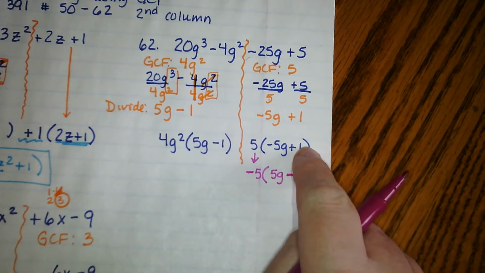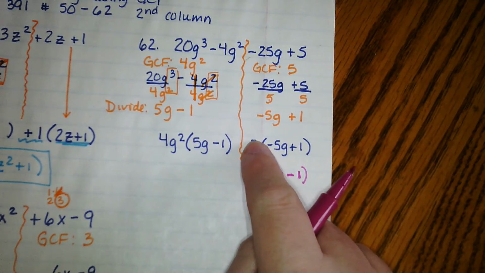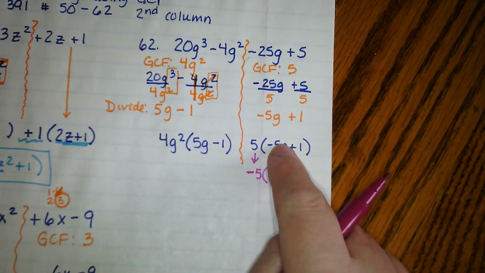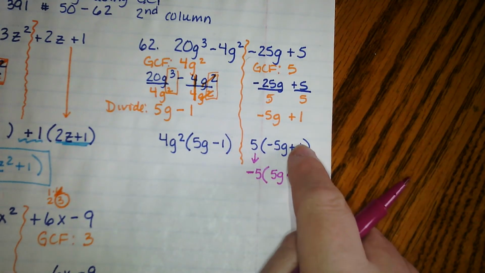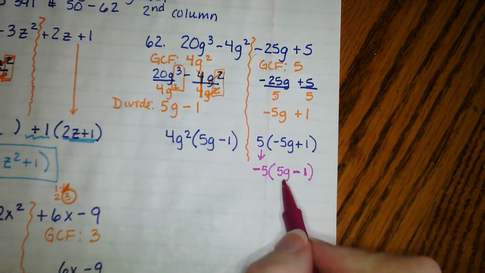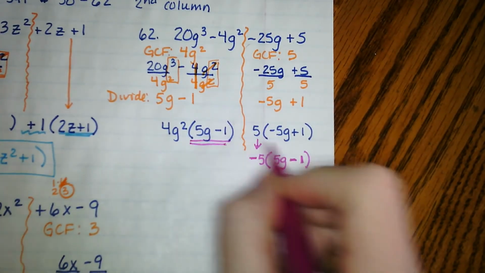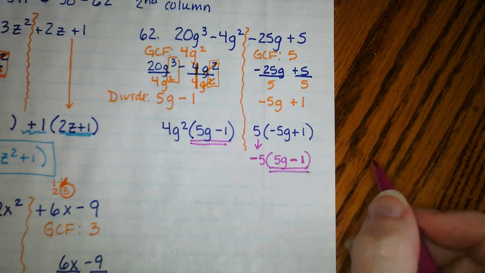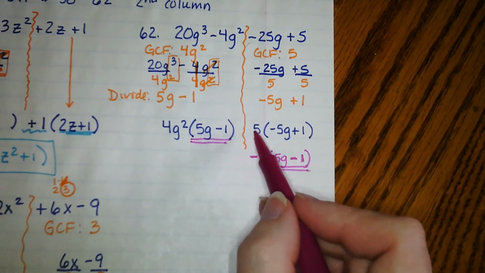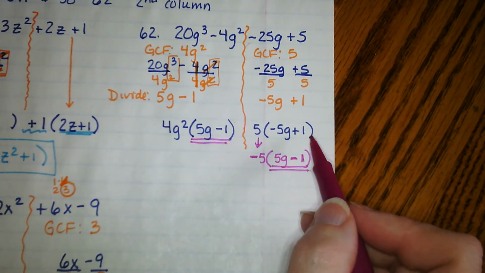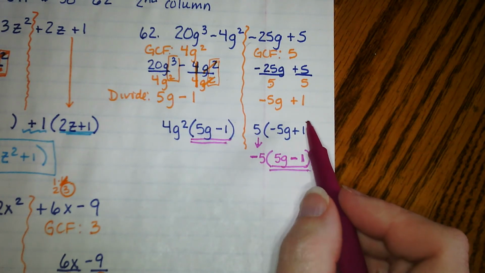So basically you change all the signs. So the 5 turns negative, that 5g turns positive, and that positive 1 turns negative. And then they match. So you're allowed to do that as long as you change all of the signs on one side.